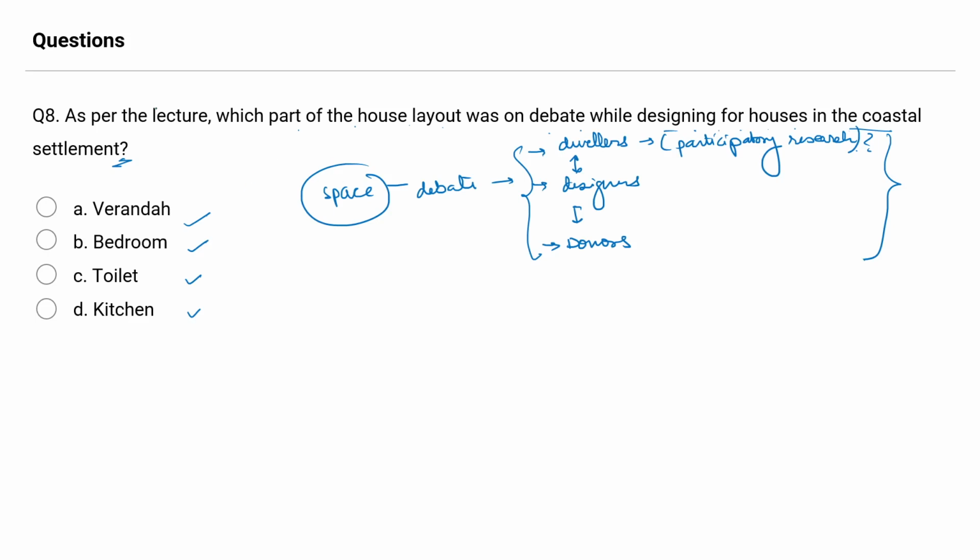Now, this particular question is about the house layout and which part of the house layout was on debate while designing for the houses in the coastal settlement. Like I said, there were people who were relocated due to the post-tsunami scenario, and a housing dwelling had to be developed.